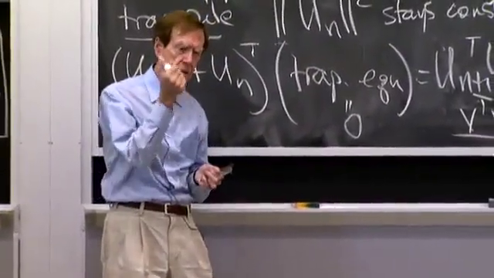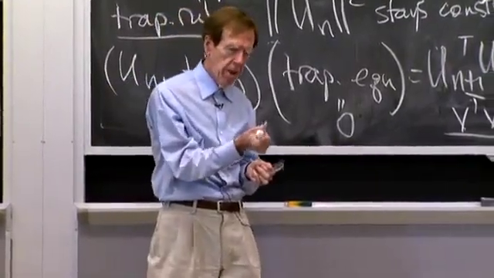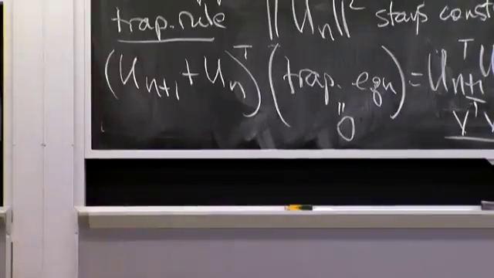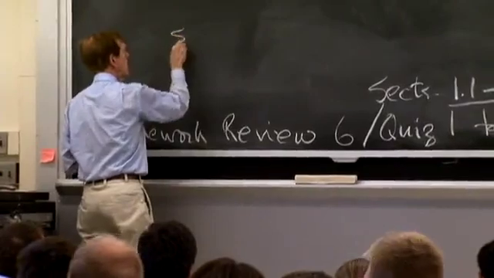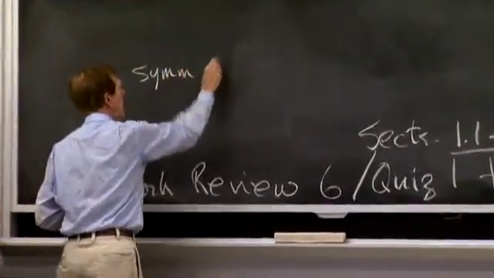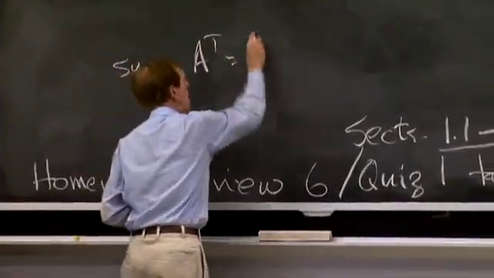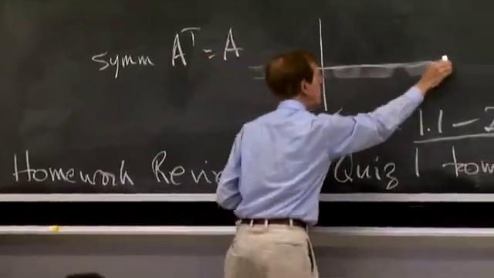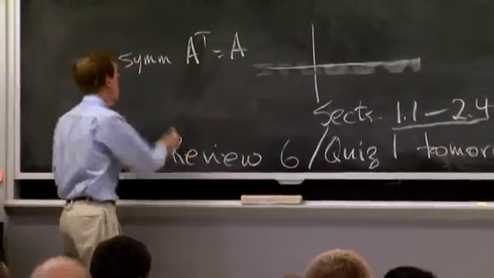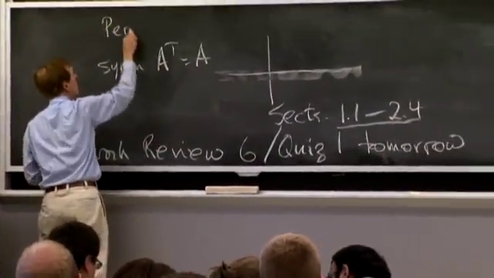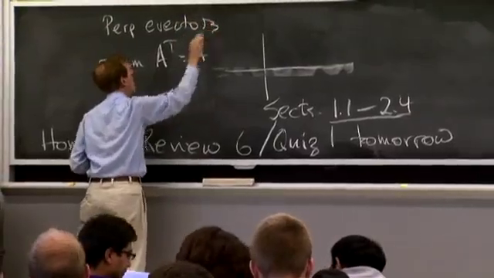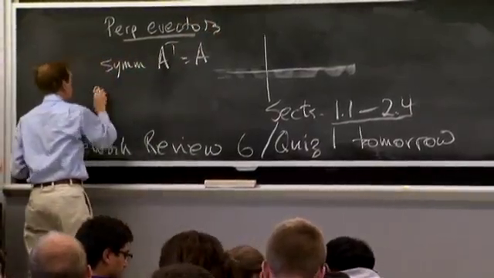That includes symmetric matrices. This is a good and straightforward point. These are the good matrices, symmetric matrices, A transpose equals A. Their eigenvalues lie on the real line, right? And these all have perpendicular eigenvectors. What about antisymmetric?